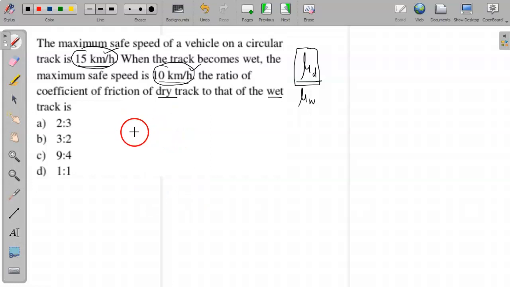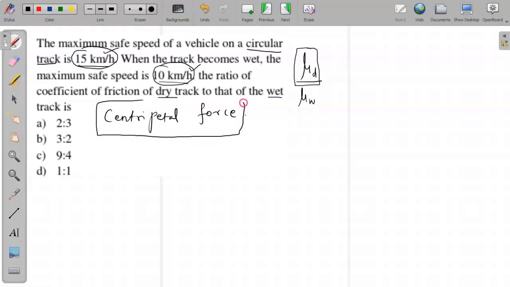As the object is moving on a circular track, it needs centripetal force. If there is not enough centripetal force, then the object will skid off or topple over if it goes beyond the necessary speed. So there is a speed limit.